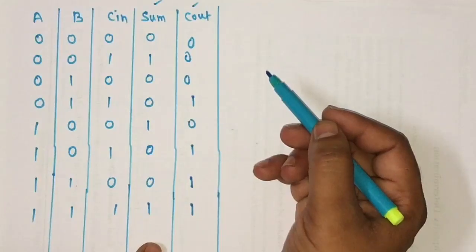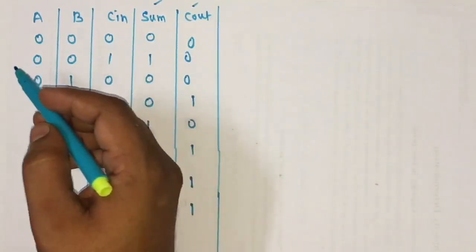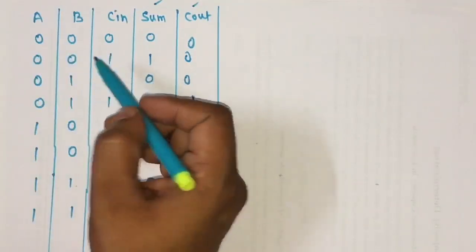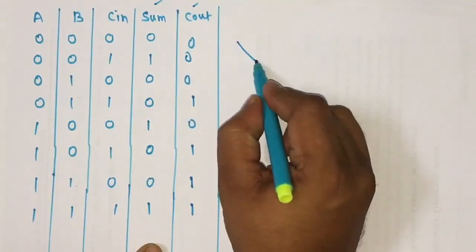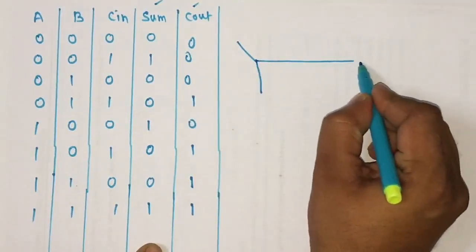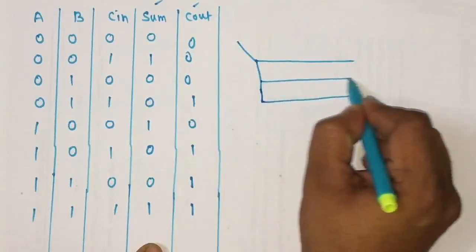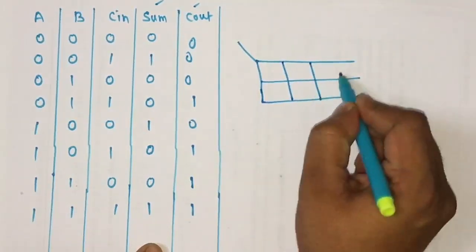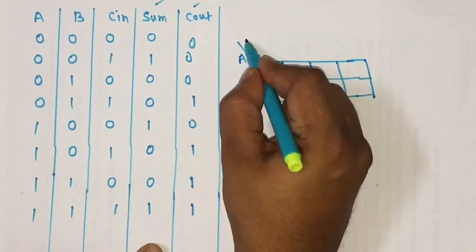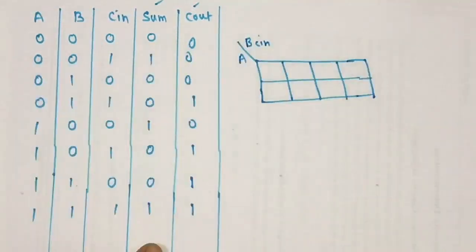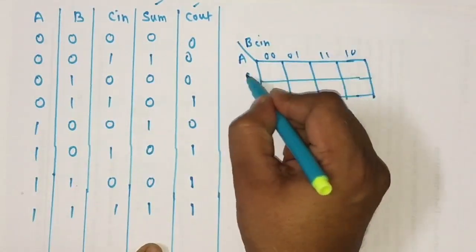First we need to find the number of variables. 3 inputs are there, so we draw a 3-variable K-map consisting of 8 square boxes. This is A, B and C in, with 0 0, 0 1, 1 1, 1 0 and 0 and 1.